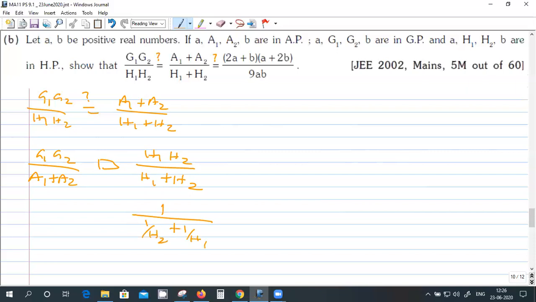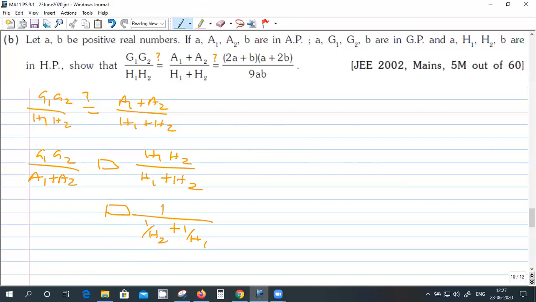It's always better to write the reciprocal of a harmonic progression because that will be in AP. So 1 by H1 and 1 by H2 are in AP because H1 and H2 are in HP. Is it clear? So these two have to be related and shown to be equal. Steps are clear? Yes, sir.